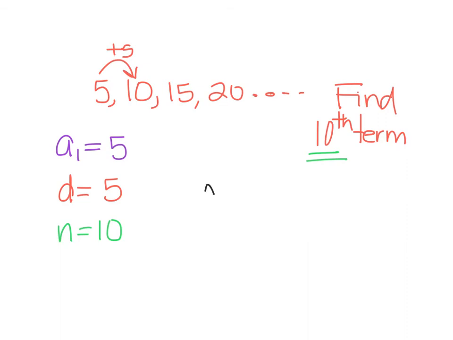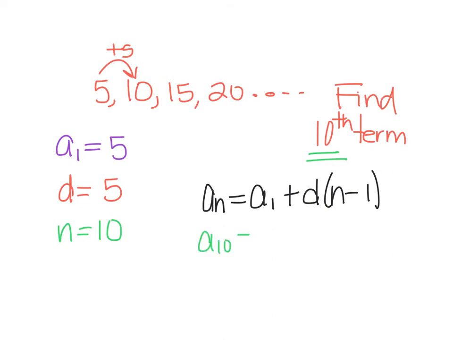The formula for an arithmetic sequence is a sub n equals the first term plus the common difference times (n minus 1), where n is the term we're looking for. So we're just going to plug those in. We're looking for the 10th term, so we're looking for a sub 10. Our first term is 5.